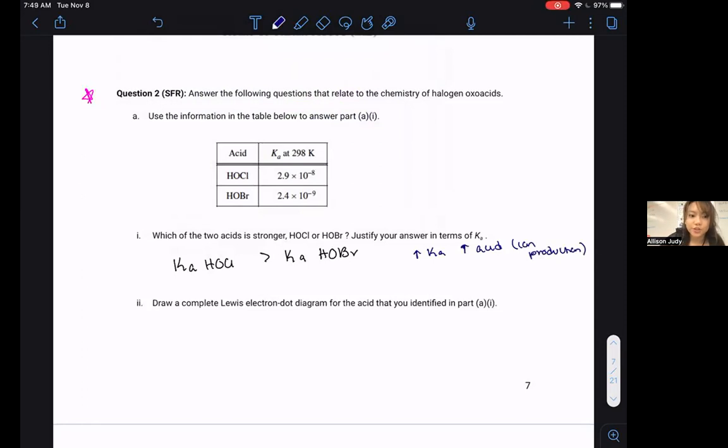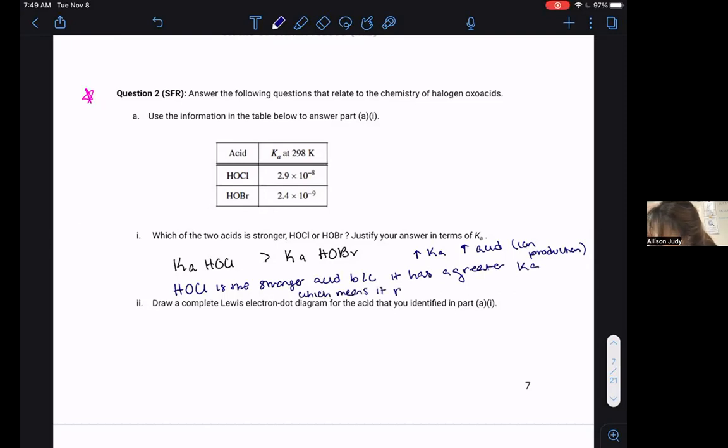So to answer this question, you would say that HOCl is the stronger acid because it has a greater Ka, which means it ionizes more, produces more ions, okay?